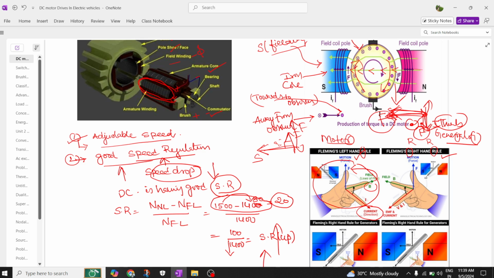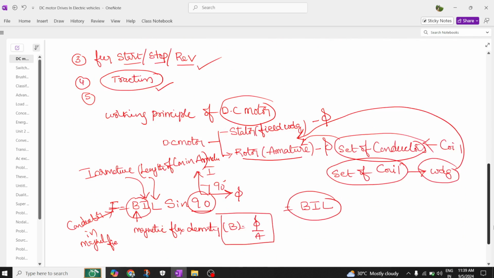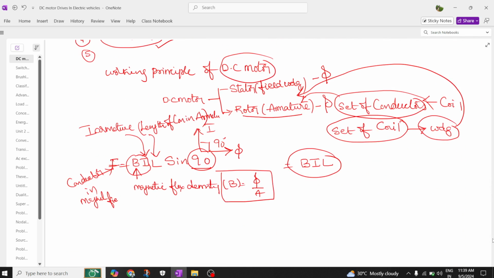This is how to understand the force experienced by the conductor. These two forces act in opposite directions; one force is moving in one direction and the other in the opposite direction. Resultantly it will develop the torque. That's how torque is developed in a DC motor.